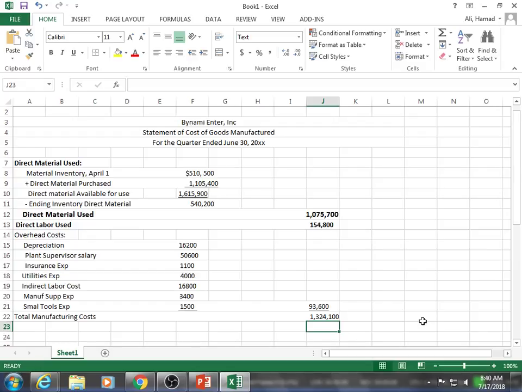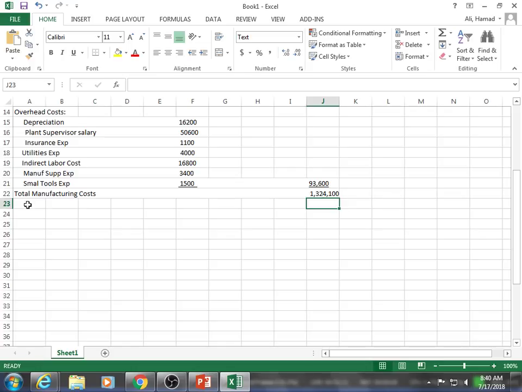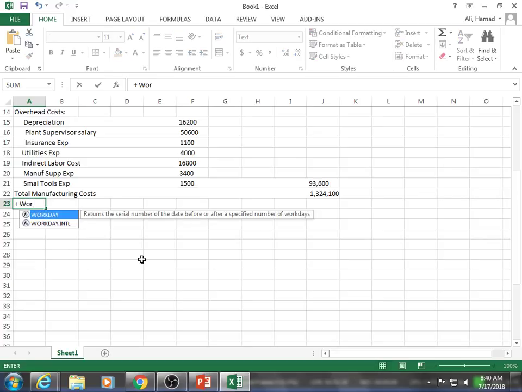So we're going to add to that the beginning inventory work in process. So I'm going to say plus work in process, beginning inventory.